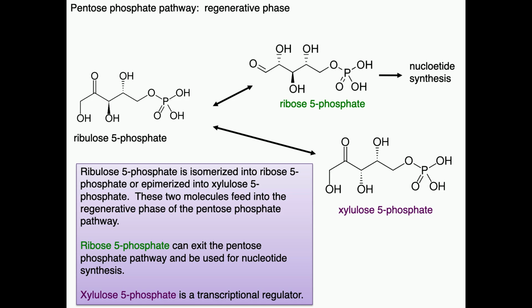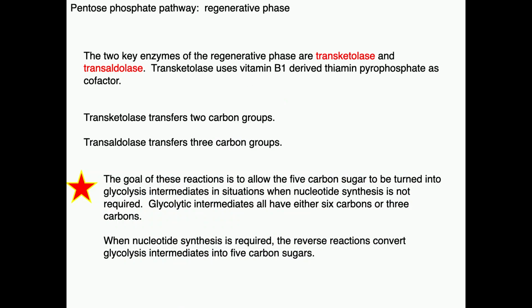What I'll focus on for the next few slides are the reactions that generate glycolytic intermediates from the 5-carbon sugars of the ribulose 5-phosphate. There are two key enzymes, transketolase and transaldolase, and their names might be a little familiar to you. Transketolase transfers a 2-carbon unit from one substrate to another.